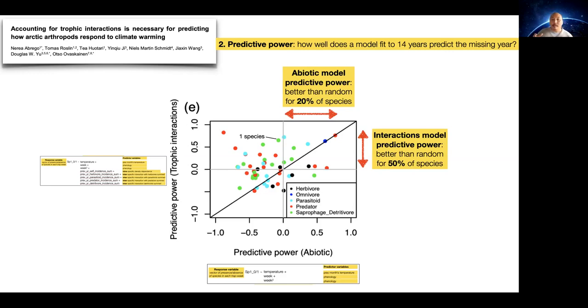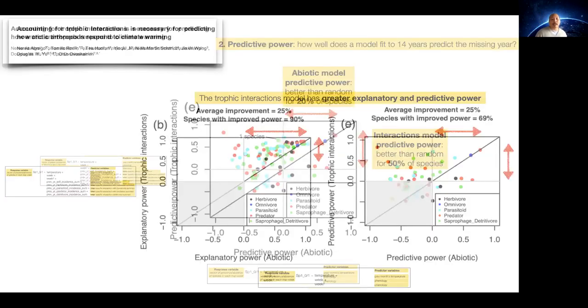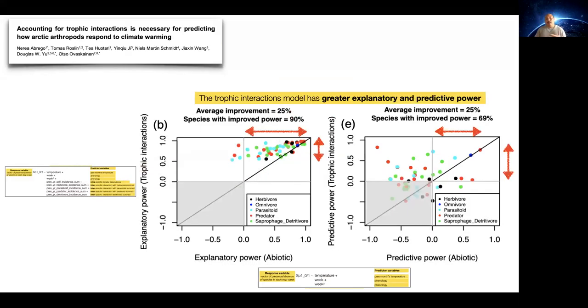It's temperature and week, and it predicts better than random for 20% of the species. 80% of the species are fit worse than random or just random. And the interaction model is better than random for about 50% of the species. So what we conclude, right, is that the trophic interactions model does a better job of explaining the fitting and predicting the prevalence of species.